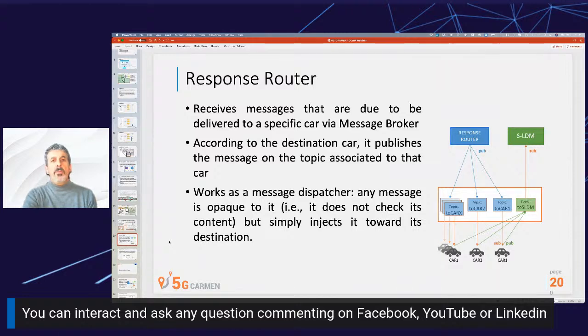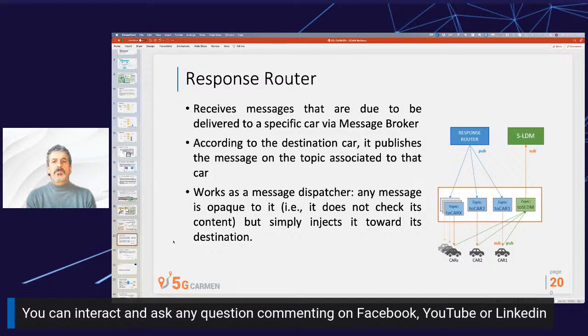So from an operating point of view, the response router receives a collection of messages, and each message is stamped with an identification of a destination car, as you see in the slide on the right, and then publishes the message to the AMQP broker on that topic.